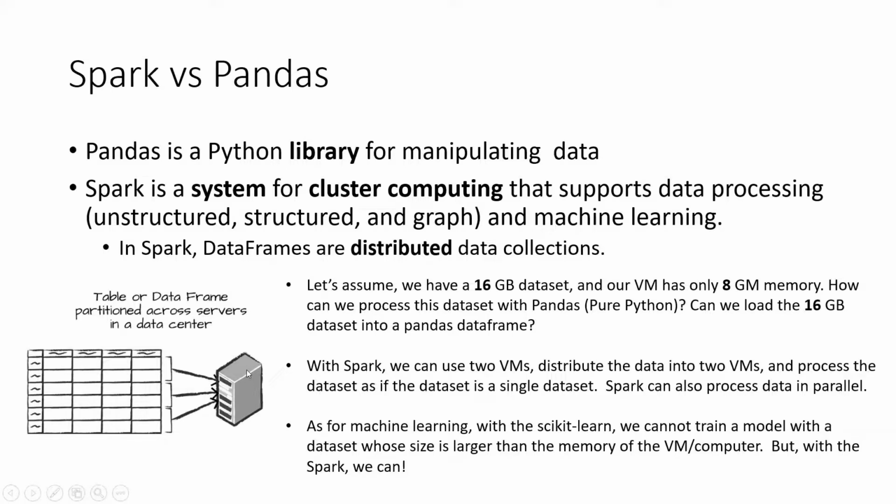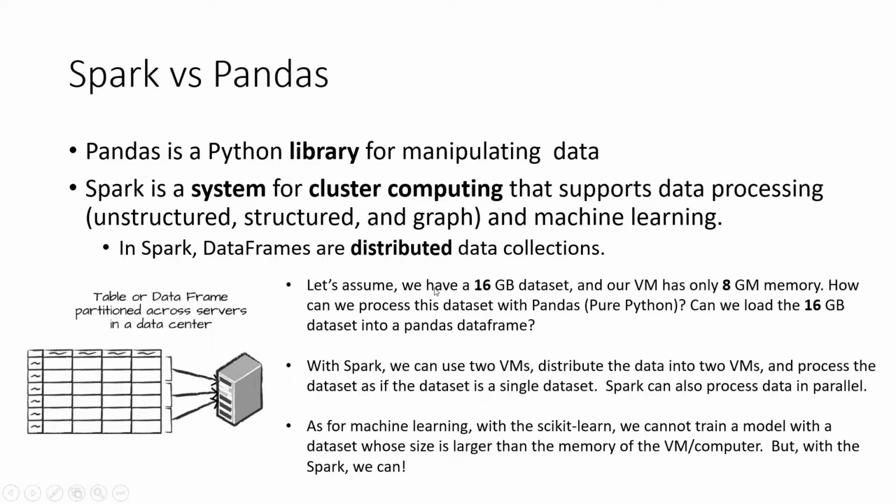This is a rack in a data center. Each of these represents a server. The rack consists of a set of servers. Different partitions of the dataset can be located in different servers, but the user can still treat the complete data set as a single data set and apply whatever processing.